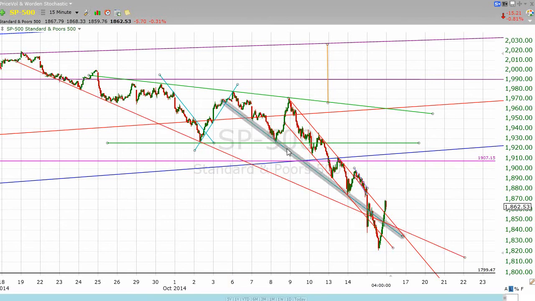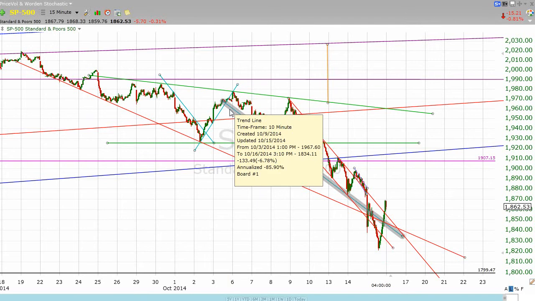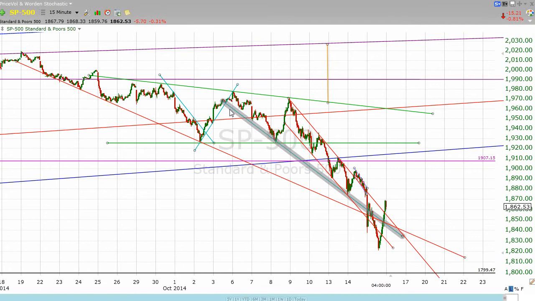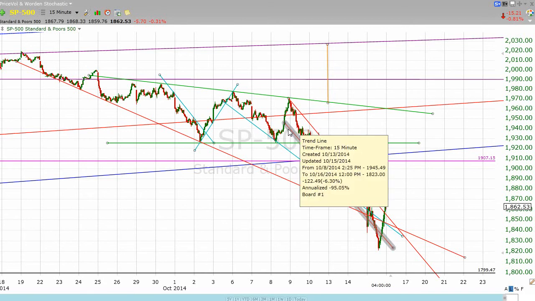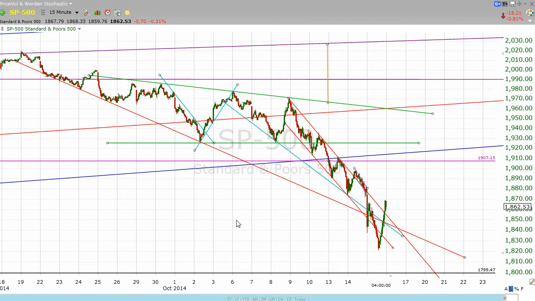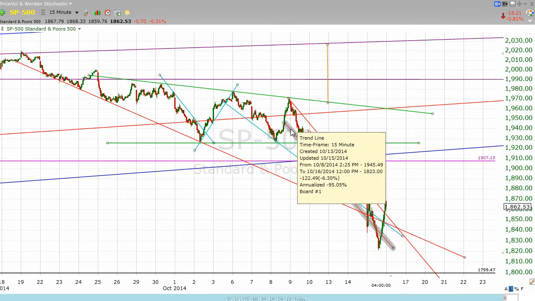This line right here that I don't think is as important as that first red line I pointed out, taken out at the open and again later in the afternoon. This line, look folks, this line was already going virtually straight down for all practical purposes, taken out at the open and later in the afternoon.